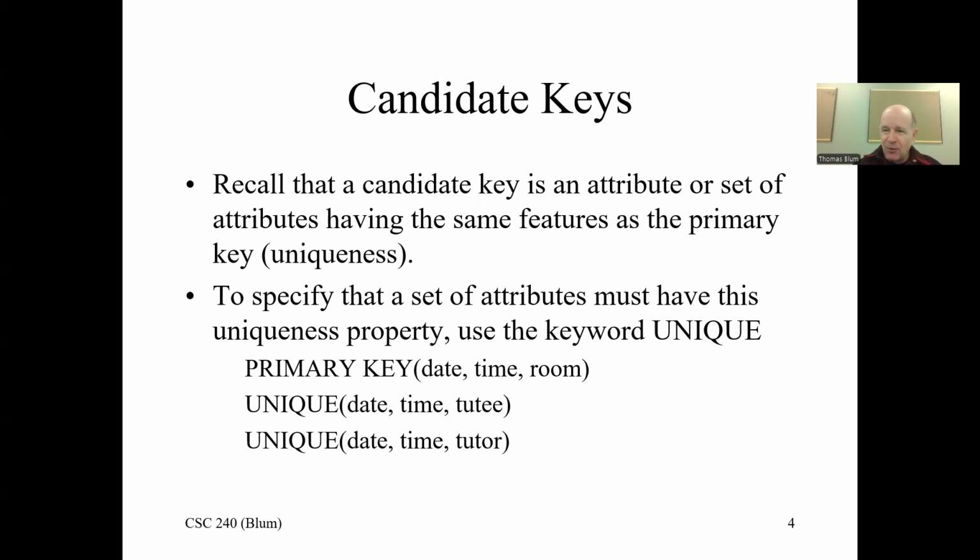And so we had a number of candidate keys. So we pick one to be the primary key. We chose date, time, room, but we know that the other combinations, the date, the time, and the tutee, or the date and the time and the tutor, must be filled in. They're not null, and they must be unique. And so we have a keyword in SQL to specify that, this unique keyword.